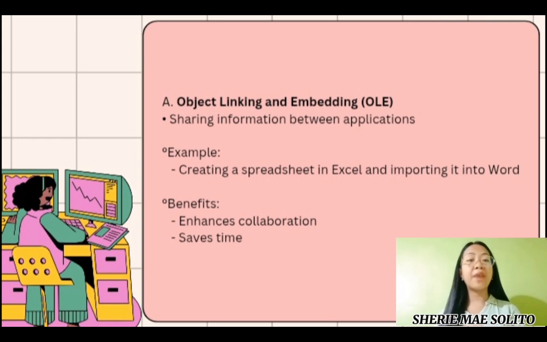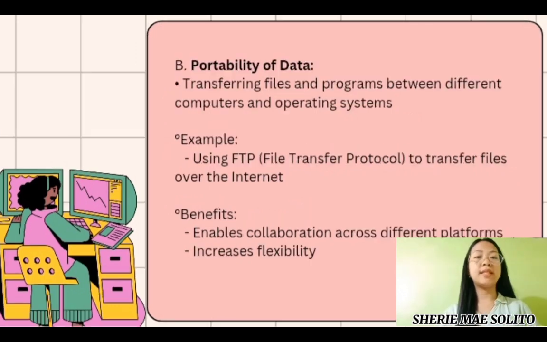A graphic created in Adobe Illustrator can be linked to a document in InDesign. The last example is a table created in Word can be linked to a presentation in PowerPoint.